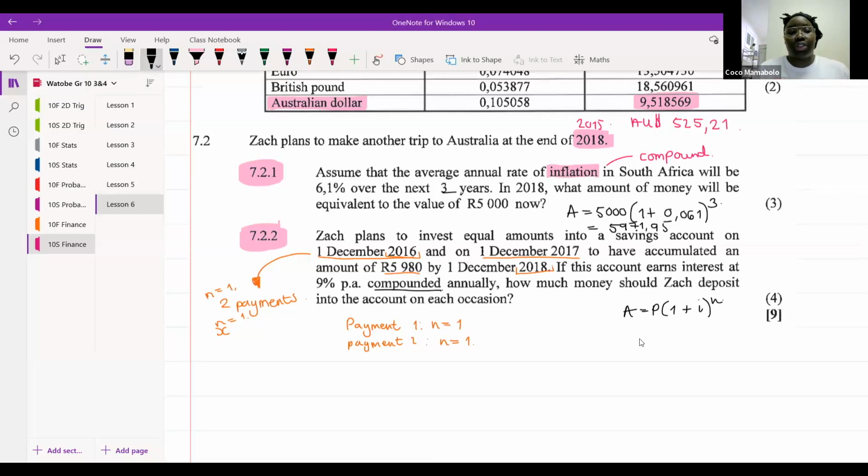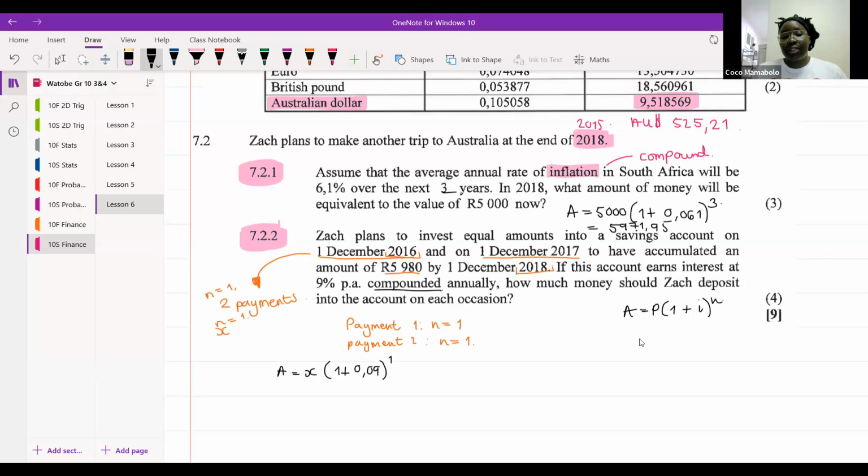Year 1, we're going to go A is equal to, we don't know what P is. So we're going to call our first payment X. X, open brackets, 1 plus, our interest rate is 9%. So 0,09, all of this, to the power of 1, because it's for 1 year.